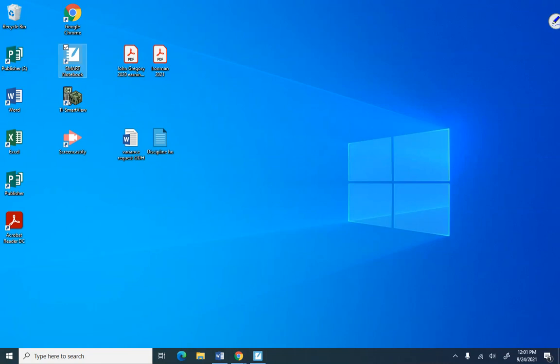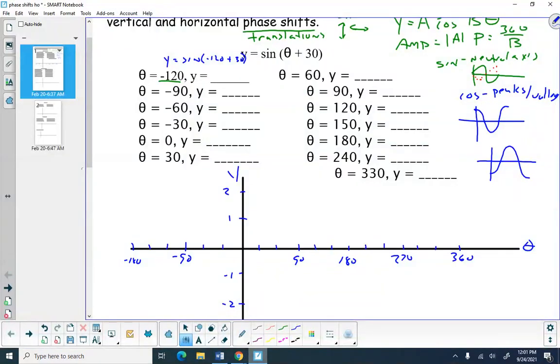Oh well, I guess I can't show you that. So in your calculator, I want you to find these values, your y values.